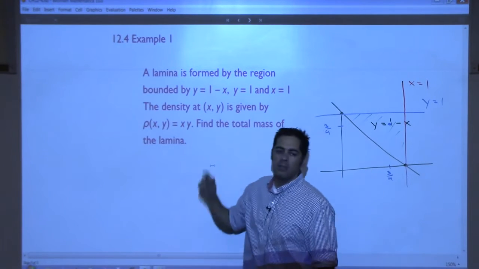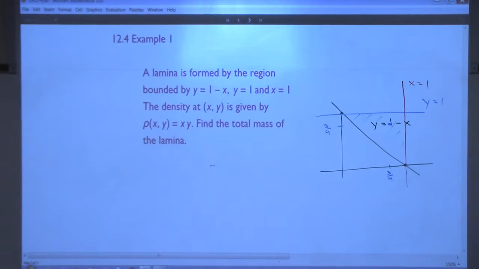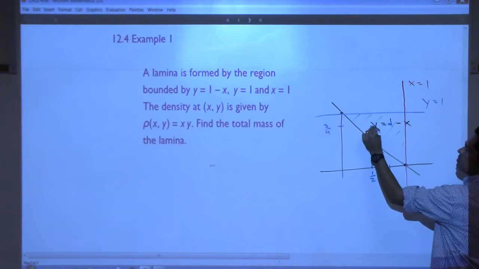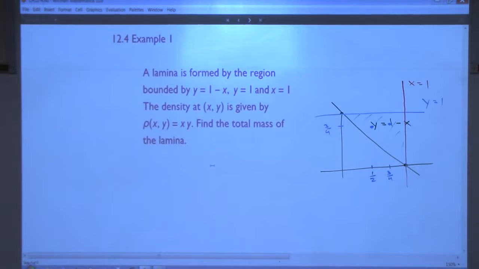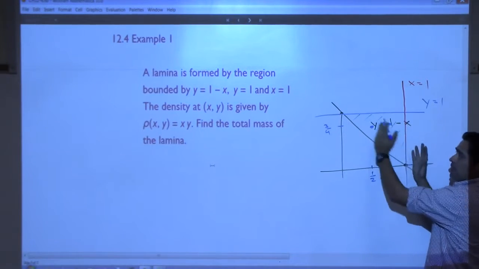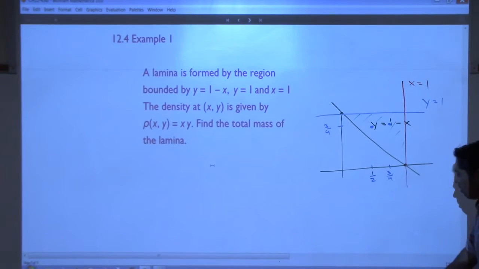So it's 9/16, whatever they're measuring it in. But if I move this to 1/2 and go up 3/4, then now it's 3/8, a different density. So this lamina's density changes throughout the figure, and we're trying to find its total mass.